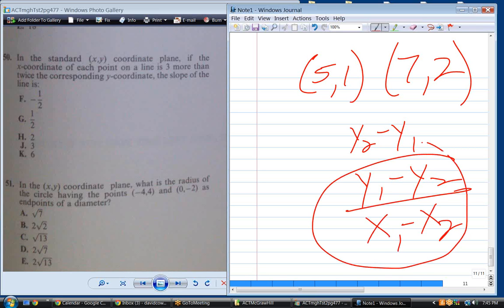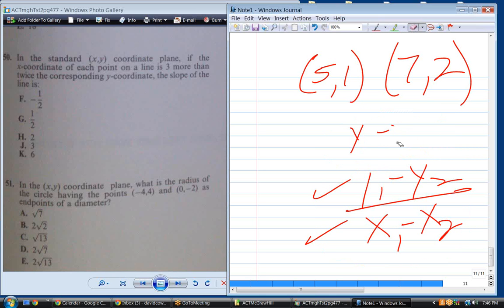In other words, that's okay. If doing it this way gives you all positive numbers, then I would do it this way. If doing it this way gives you all positive numbers, do it that way. But you can do it either way. You can mix it up, just so long as you're consistent, numerator and denominator.